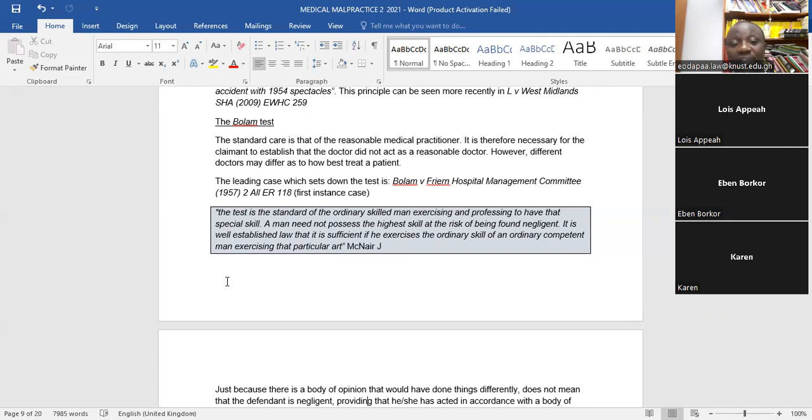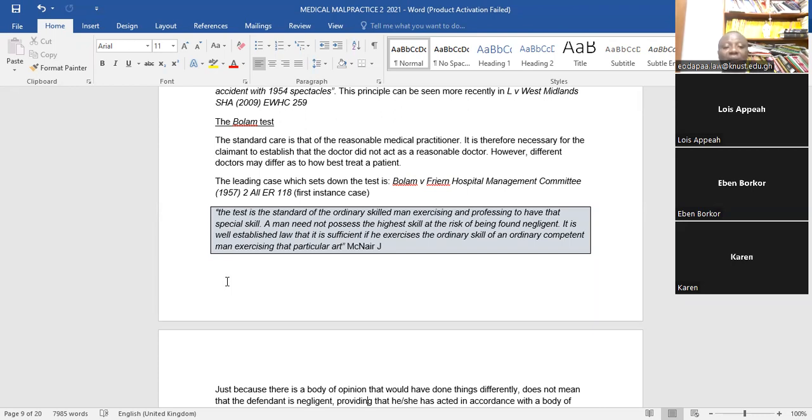Don't forget, in those days, some of the cases were a jury trial. And the direction that he gave to the jury metamorphosed into what is now known as the Bolam test. So if you talk about medical negligence, we have to find out whether the particular doctor met the Bolam test or did not meet the Bolam test.